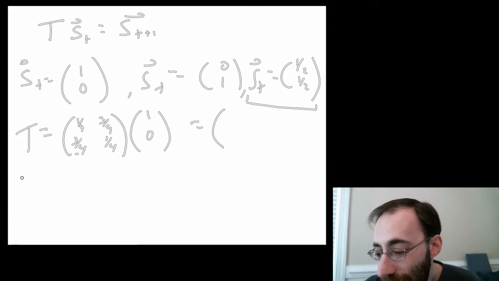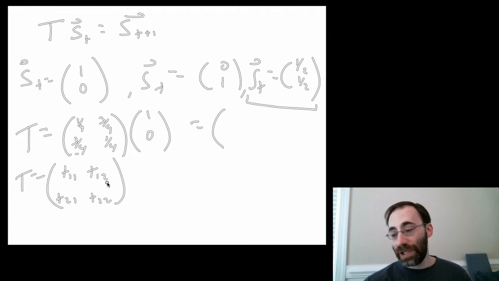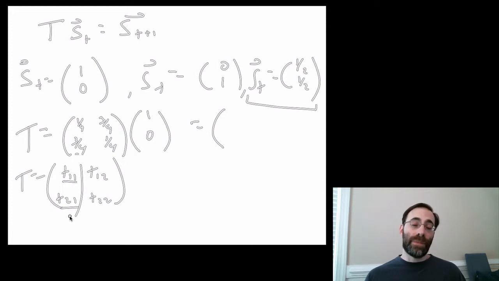Let's do that again. Let's write this out in general to remind you. Here are the elements of the transition matrix. And recall that T12 was the chance of transitioning from 2 to 1. Therefore, the chance of transitioning from 1 to 1 is T11, and the chance of transitioning from 1 to 2 is T21. Together, this is the entire chance of transitioning from 1 to somewhere.